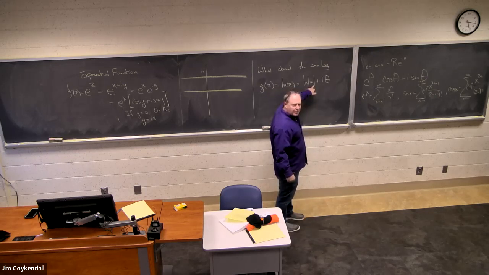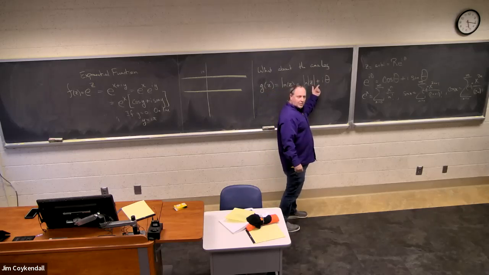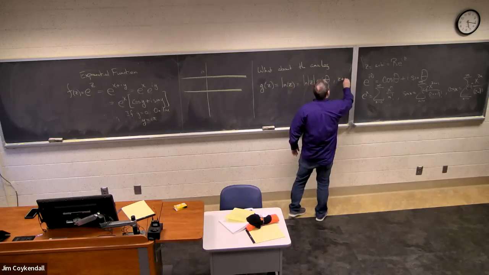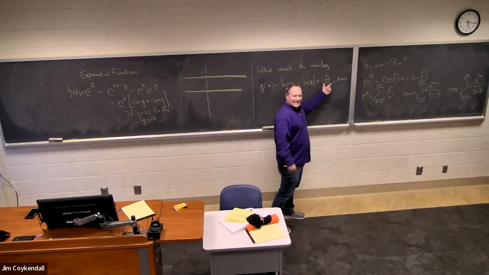So this is the r part. So if you write z equals re^(i theta), it's the natural log of the r part, and here we're assuming that z is not zero. So this will be some positive thing plus i times the angle.